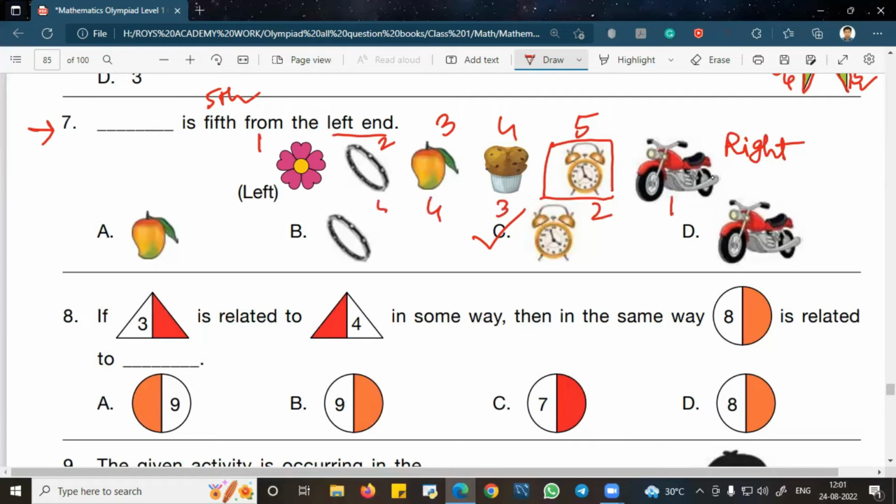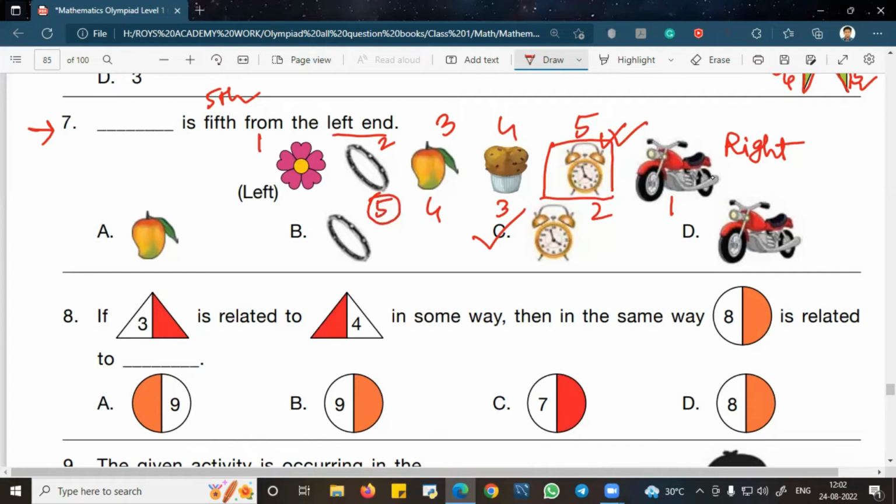So the fifth from the right end will be the bangle. So if we are asked what is fifth from the right end, we have to choose the bangles. But in this case we are asking for the fifth from the left end, so the alarm clock is the right answer. Okay, am I clear?